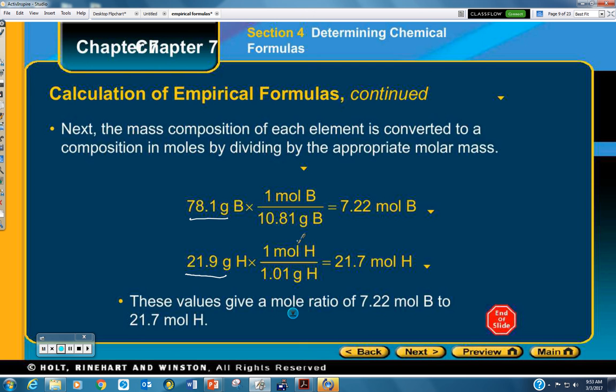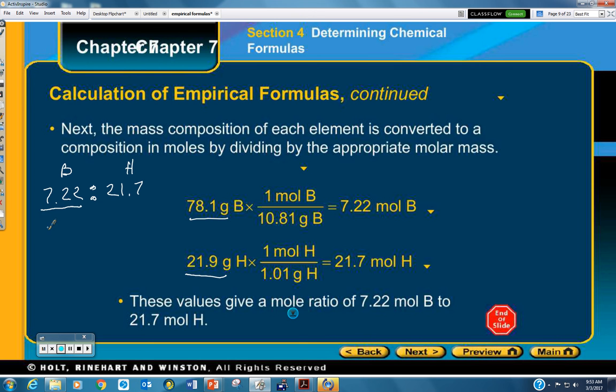Now we need to see these numbers in comparison to each other. These give us a mole ratio of 7.22 boron to 21.7 hydrogen. I can't write a formula that's B7.22H21.7. I have to get this to small whole numbers. How can I get these two whole numbers?